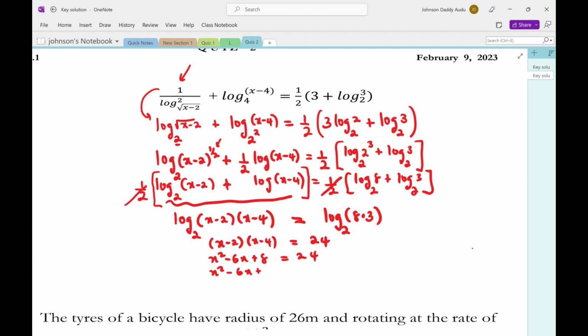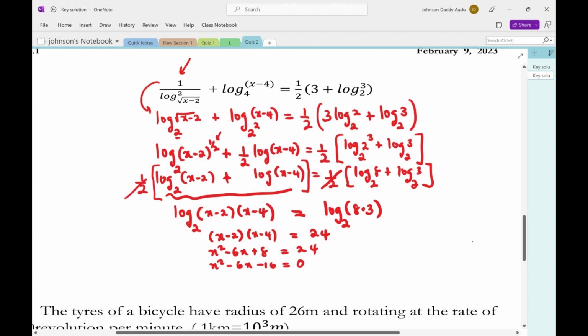So you bring minus 24 here, and you have x squared minus 6x minus 16 equals 0. And we can factorize this as x minus 8 and x plus 2 equals 0.